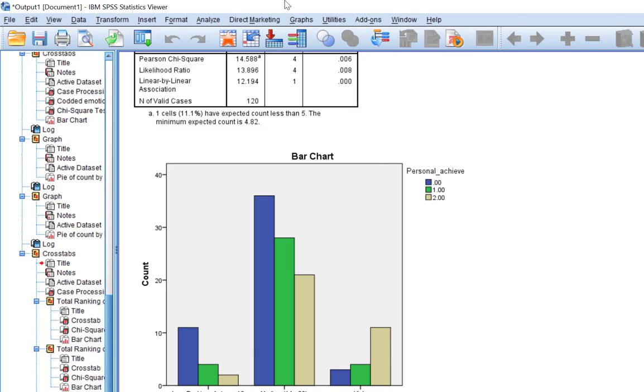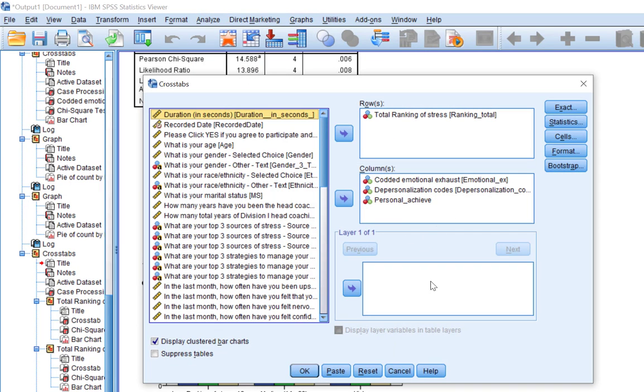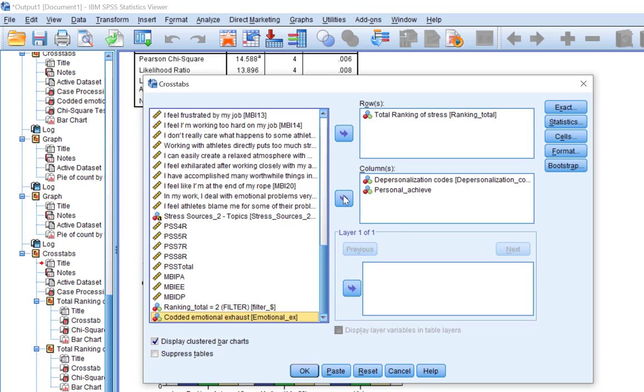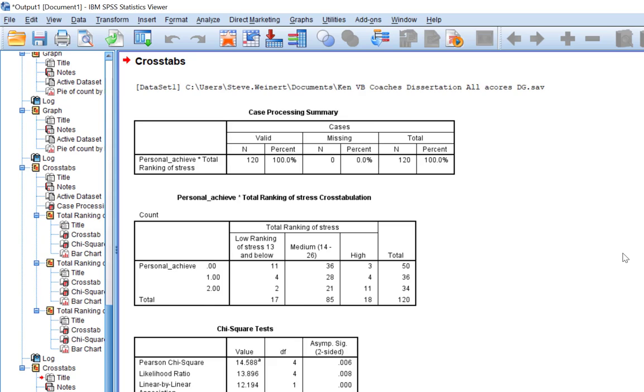Okay, let's do one at a time. Same graph, just backward, a different way.